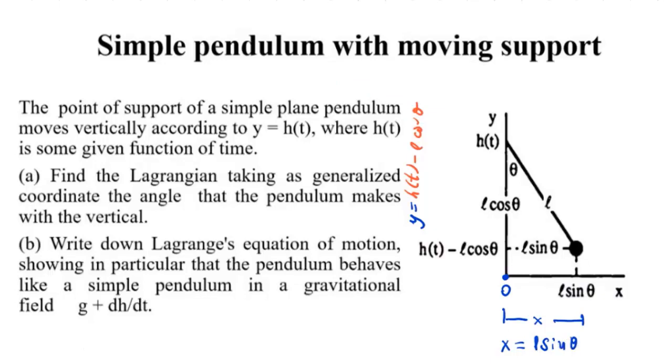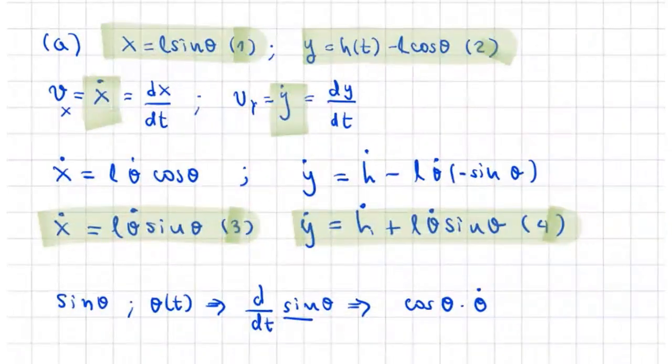This distance is the distance that we are going to use to calculate our potential energy, and as we know, the distance is this, equation number 2.